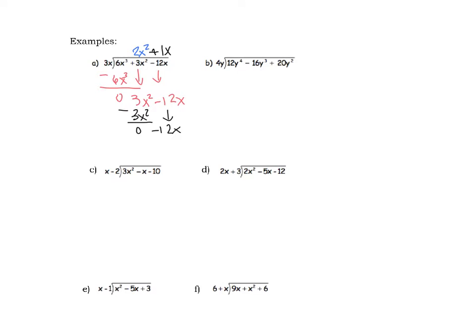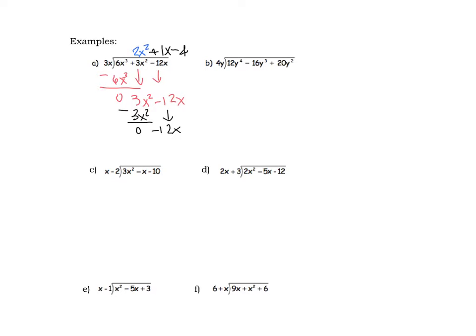All right, so last piece here. Basically, how many times does 3x go into the negative 12x? And since it's negative, there goes the minus. And it would be 3 times 4, so 4 times.